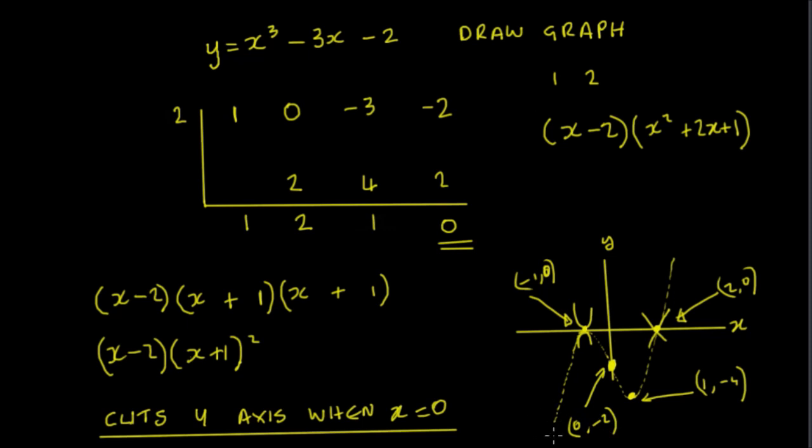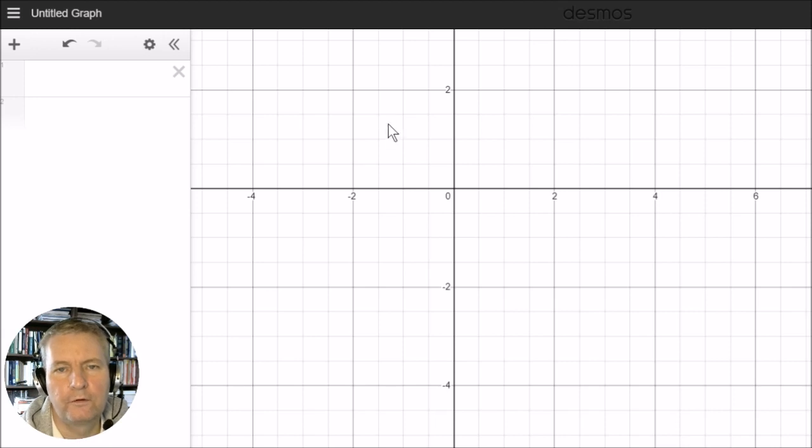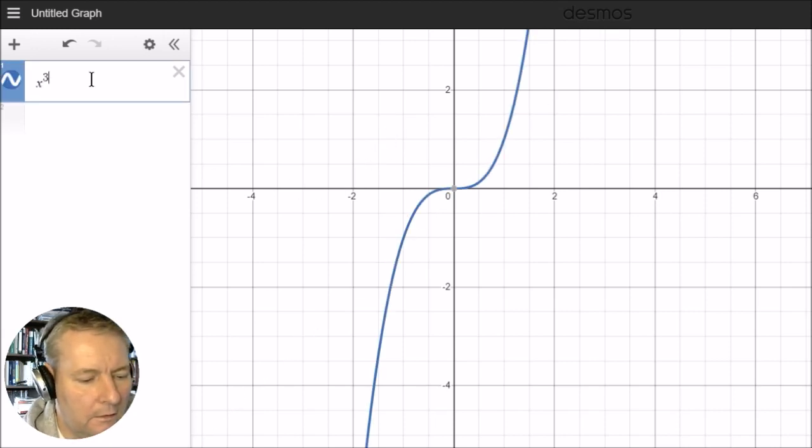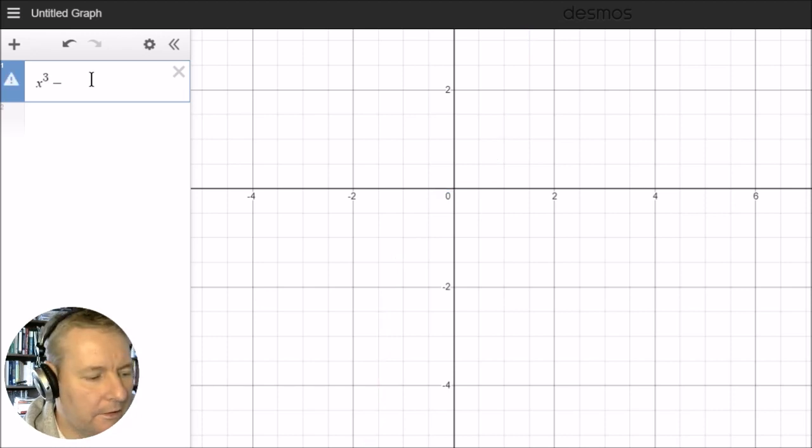So this is a rough and ready kind of sketch. But what we could do is draw it out in the graphical calculator and see if we do actually get this shape. So let's go and do that now. Our function is going to be x cubed minus 3x minus 2.